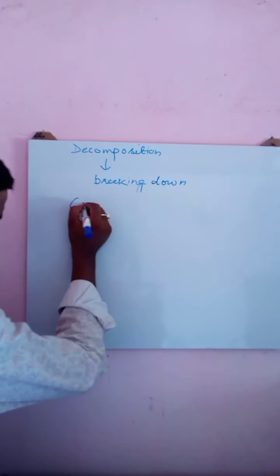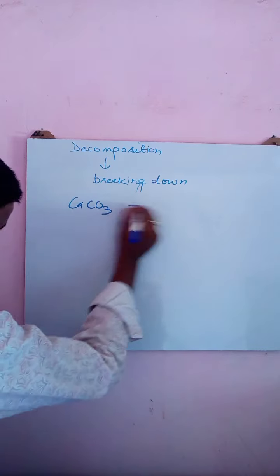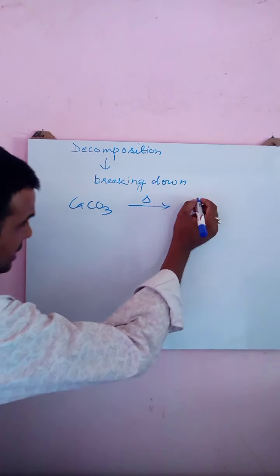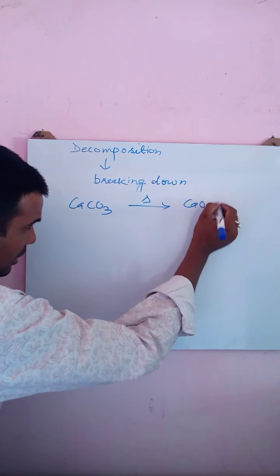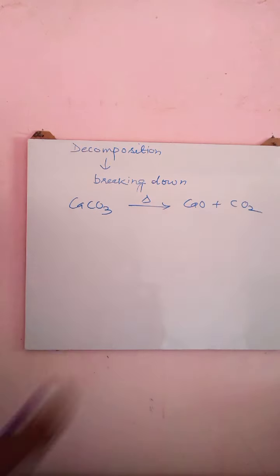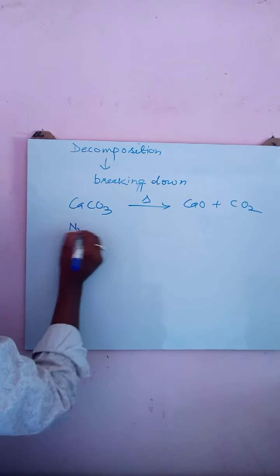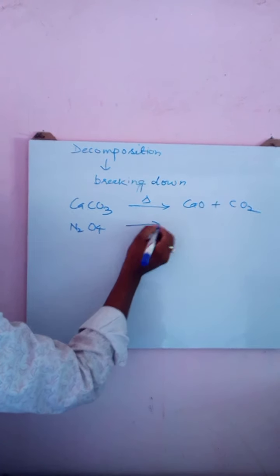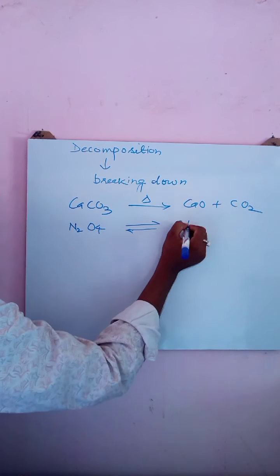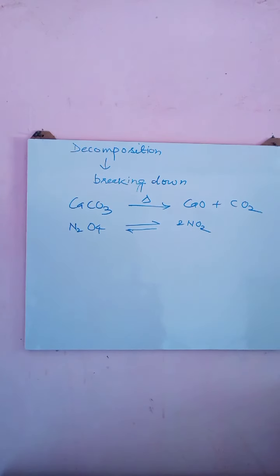For example, calcium carbonate undergoes decomposition in the presence of heat to form calcium oxide and CO2. N2O4 undergoes dissociation in the presence of heat energy to form 2NO2. Such kind of chemical reaction is known as decomposition reaction.